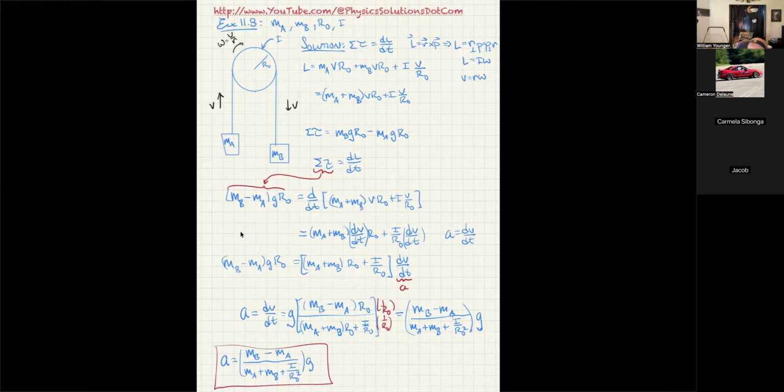And if you consider as I goes to 0, meaning the pulley's massless, then you end up getting A is equal to MB minus MA over MA plus MB, all of that times G, which is exactly the formula that we got for the Atwood machine when we did it with a massless pulley. Anybody have any questions on that?